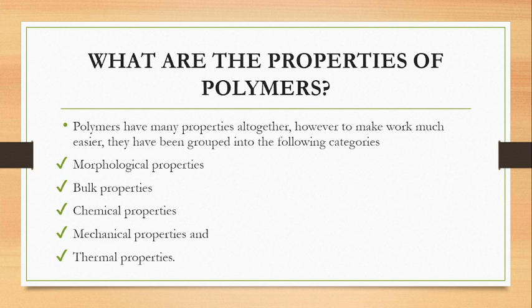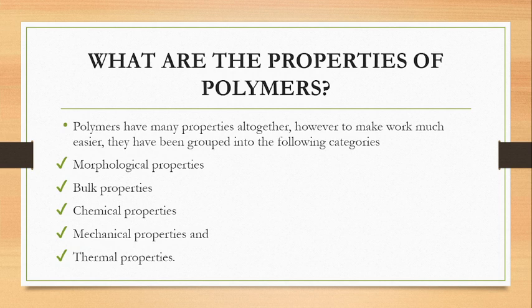What are the properties of polymers? We have a lot of properties of polymers, such that if we talk about all of them without putting them in a certain order or groupings, we are likely to forget some of them.